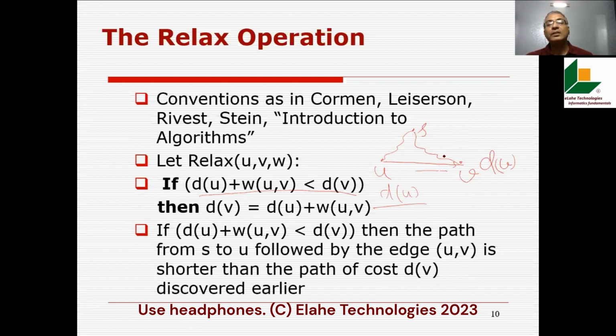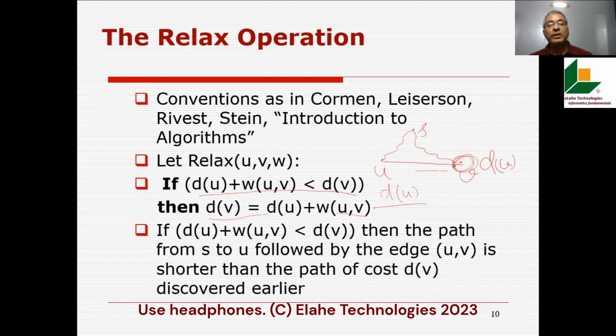So what is the conclusion and what should be the result of this discovery? The result is that the dV value that you have computed can be refined further. And so we refine that. We say dV is equal to du plus WUV to represent the fact that dV should be equal to the cost of the shortest path from S to V found so far, which we have refined by the discovery of a new path via U. So this operation is called the relax operation.